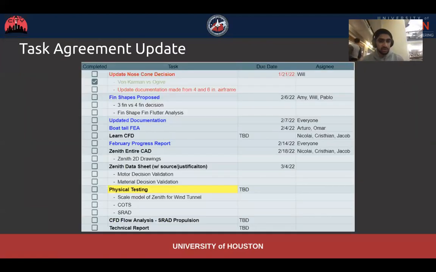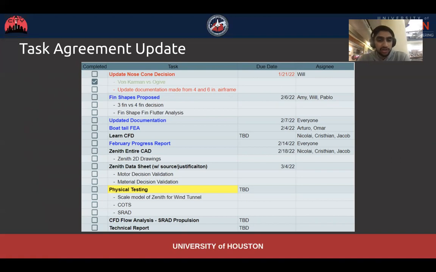So our task agreement updates, kind of looking the same, but some adjusted dates, and just wanted to highlight a few things that we're going to be focusing on. So Will, if you're watching the recording, if you could please update the documentation of the nose cone decision due to the changes from swapping between the 4 and 6-inch airframe, and then just maybe linking the drag analyses that we did to the folders in the drive.